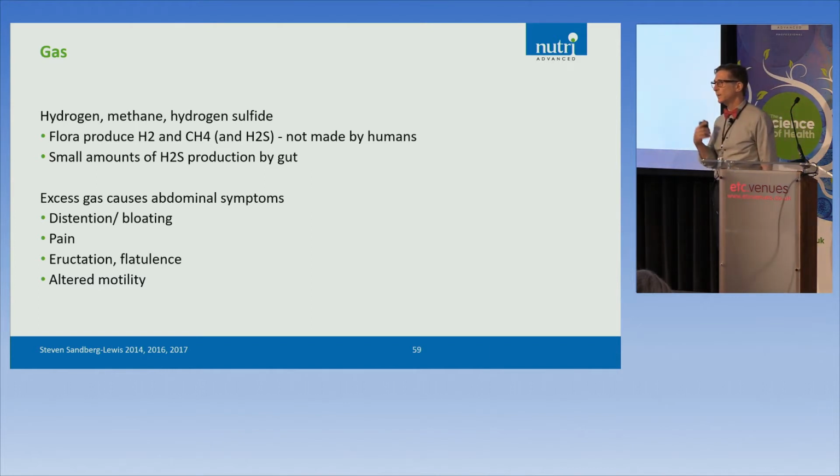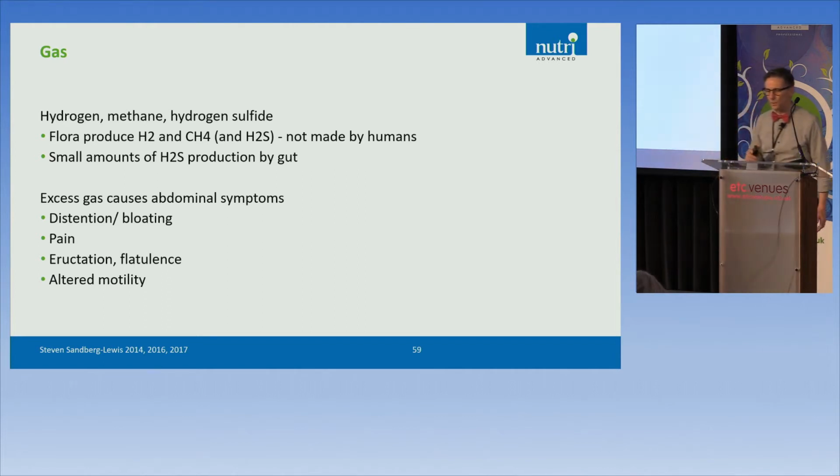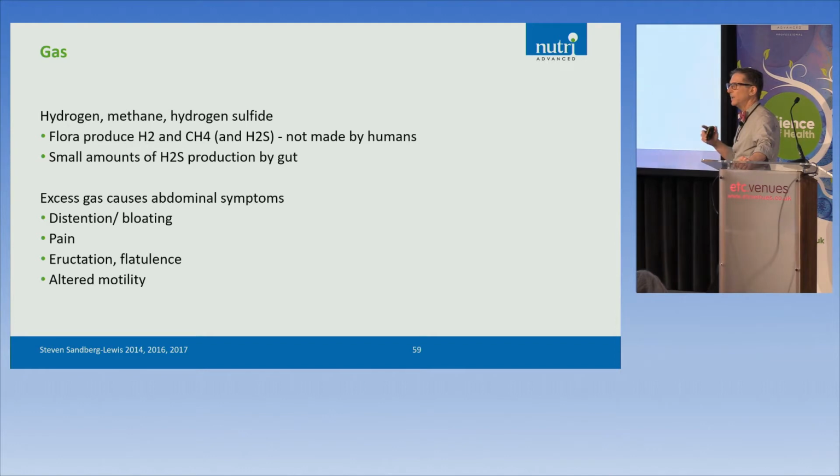And then we as humans can also make hydrogen sulfide directly, but we don't make those other gases. So that's why when we do a breath test and we measure the amount of hydrogen and methane produced after drinking an undigestible sugar that the bacteria and archaea can digest and use to make gas, we can find out if they're overgrown or not.